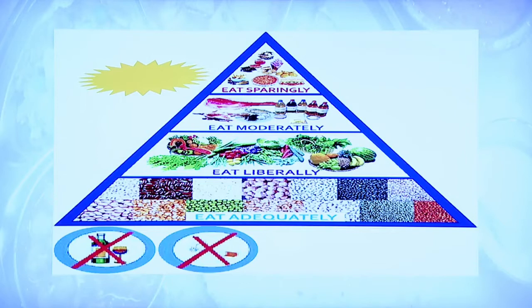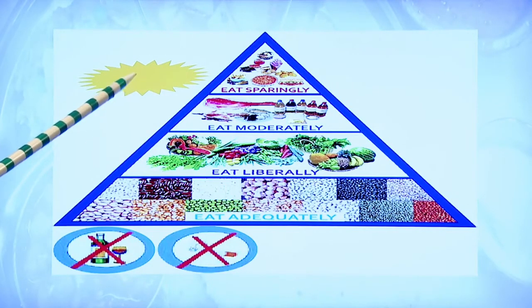In the lower range, eat these foods, grains, which include the pulses and the cereals, eat adequately. Next is eat liberally, that includes the fruits and vegetables. Eat moderately, that includes your milk, meat, fish, etc. And eat sparingly, that includes your tasty things, the fats, sugar, sweets, fried foods, etc. And this yellow is a sign of sun.